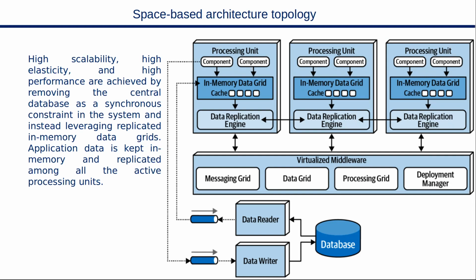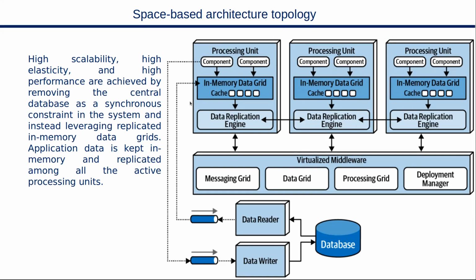So let's try to remove this bottleneck by keeping this information in memory in each processing unit, and each processing unit will synchronize this in-memory data with the others asynchronously. When one of the processing units updates the information in the cache or memory grid, it will replicate this cache through all processing units.